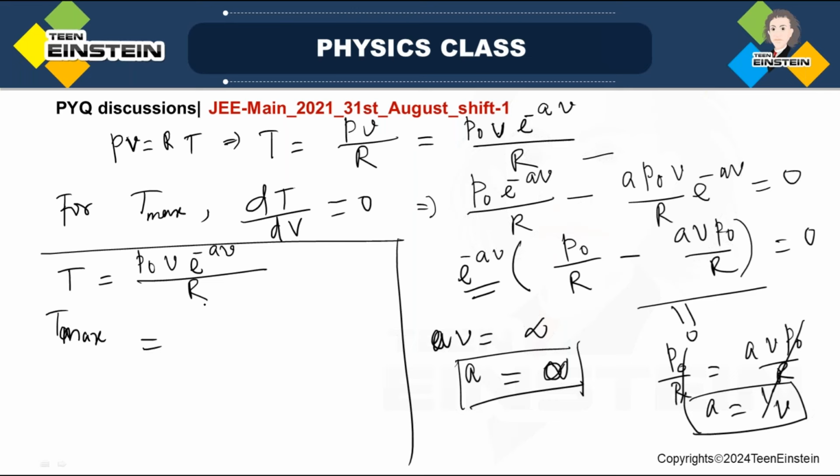For T max, I have to put the value of A, which is 1 over V. So P0 V e to the power minus 1 divided by R. Okay, fine.